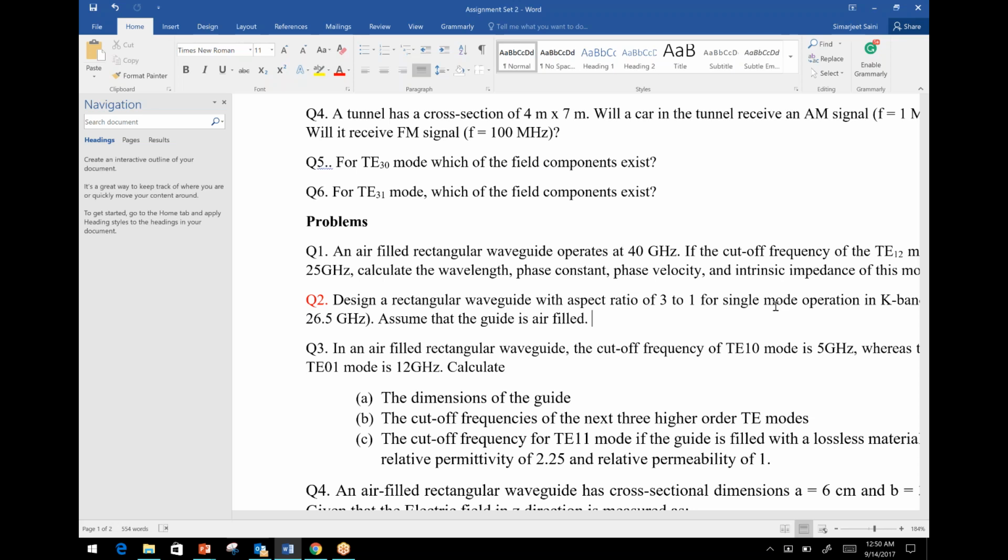So depending on that, whether the second order mode is TE01 or TE20, the cutoff frequency has to be 26.5 gigahertz. On the upper band, in designs you really do not need to put any guard bands, because even if the cutoff frequency of the second mode is 26.5 gigahertz, the loss of that mode is going to be very large, and effectively that mode is not going to be excited.